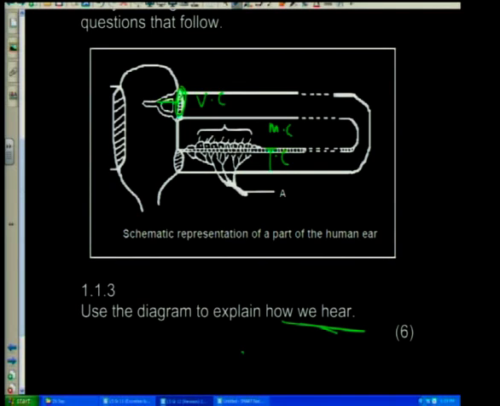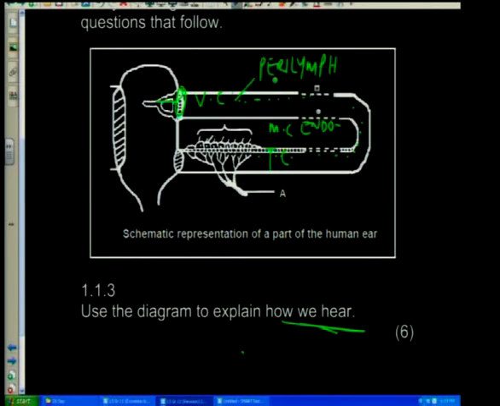We know that in the outer two canals we have the fluid called perilymph, and inside we have endolymph. Now, if there's a vibration on the oval window, then this vibration would be passed on inside through there. In other words, all these things will vibrate.